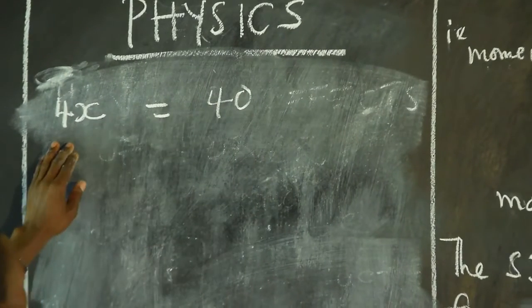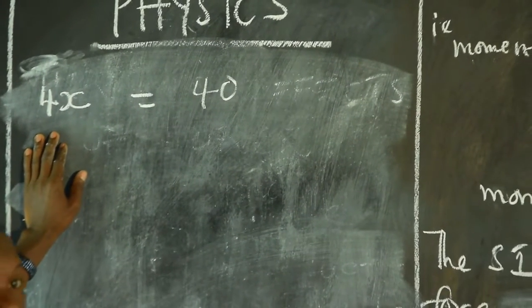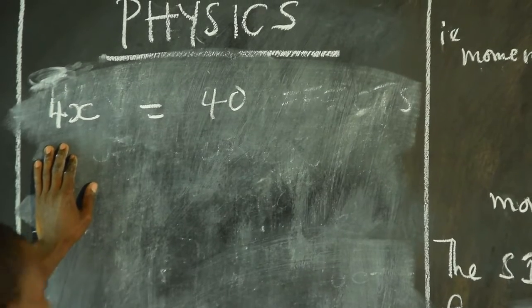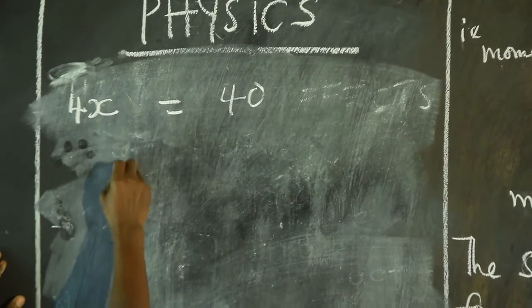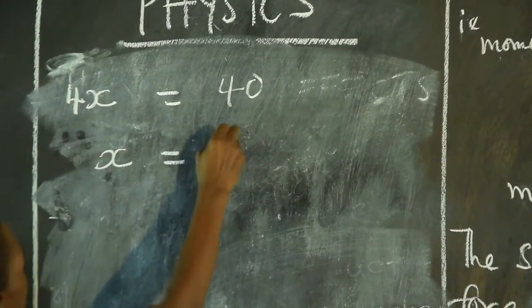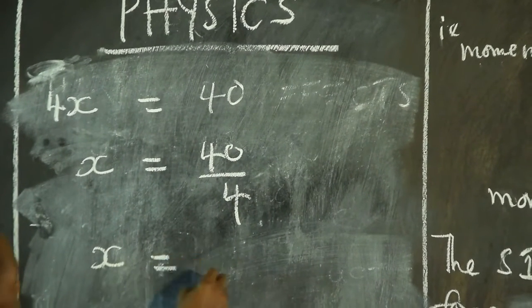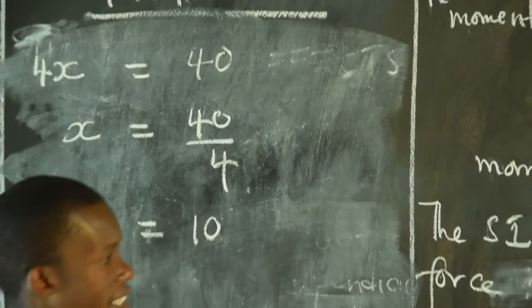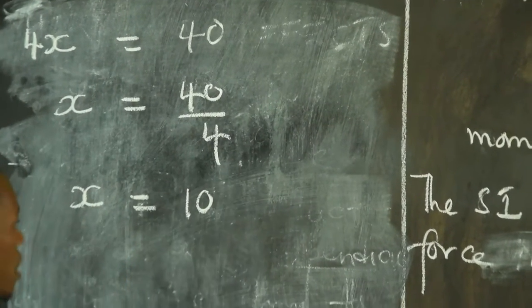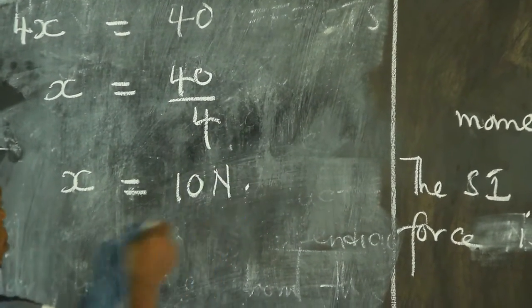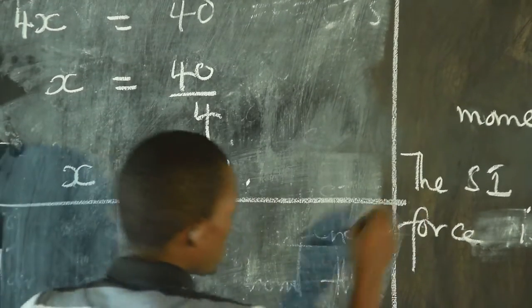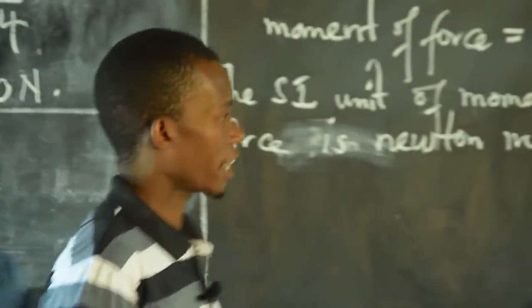Our next step here, we are going to divide both sides by what? By 4. When we divide both sides by 4, x is equal to 40 divided by 4, and our x is equal to 10. But 10 what? Remember, x is a force, 10 newtons. I hope we are at par.